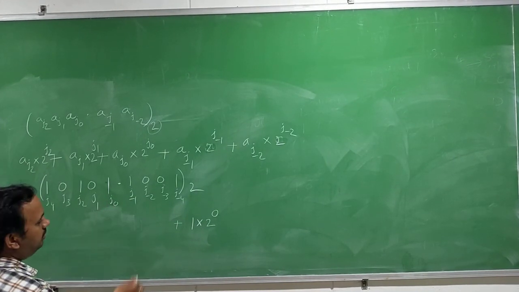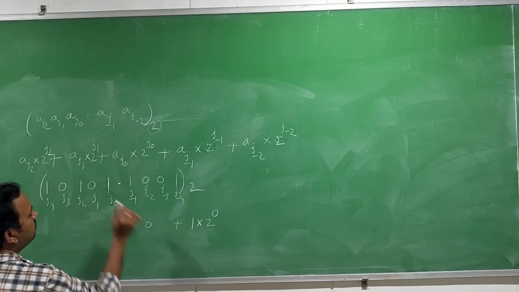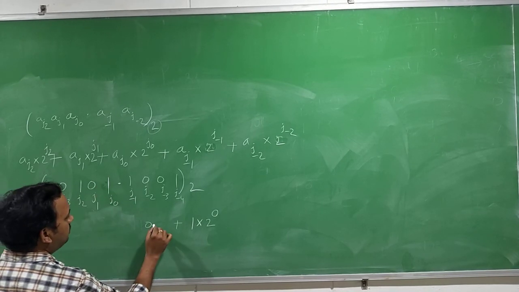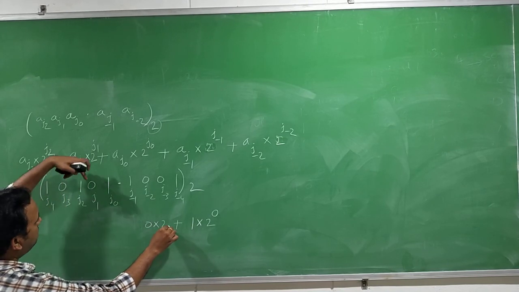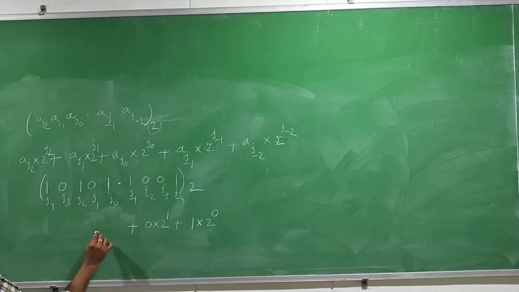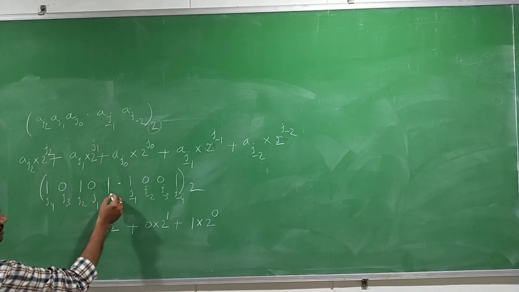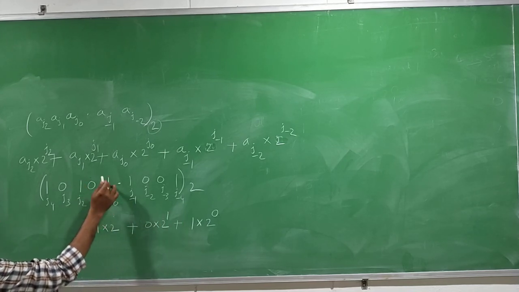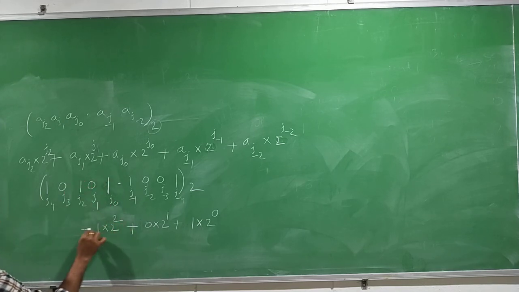And what is the second position of this number? In this number, 0 into 2 power, what is this position? This is the 0th position, this is the first position, 1 plus. This is the third position, 1 into 2 power 0, and second position. As we are starting with the 0th position, this is the 0 position, first position, this is the second position.